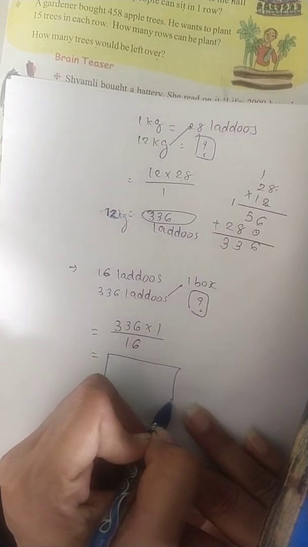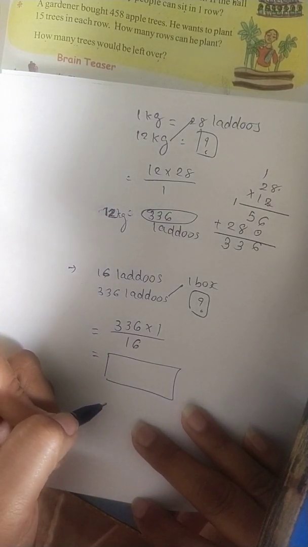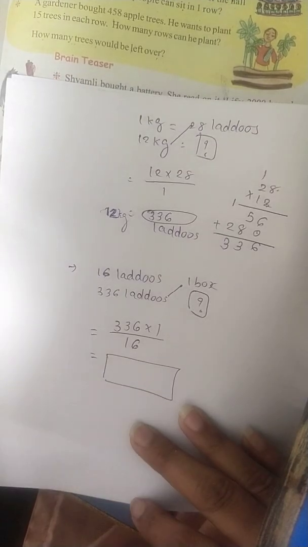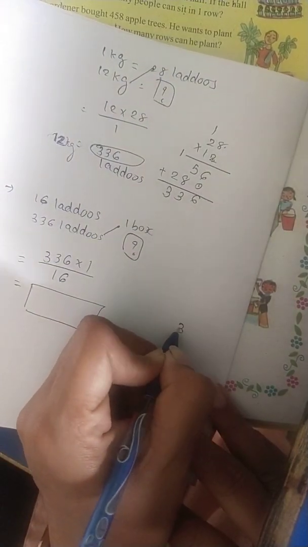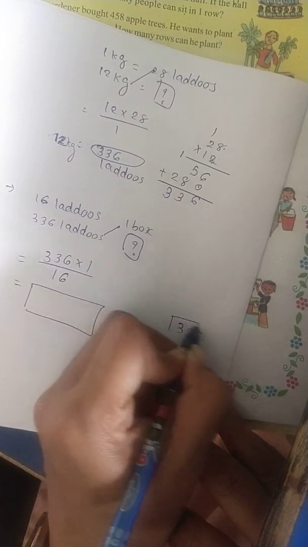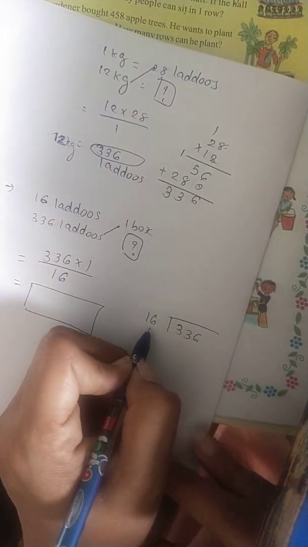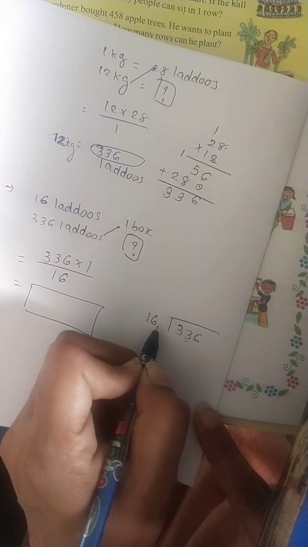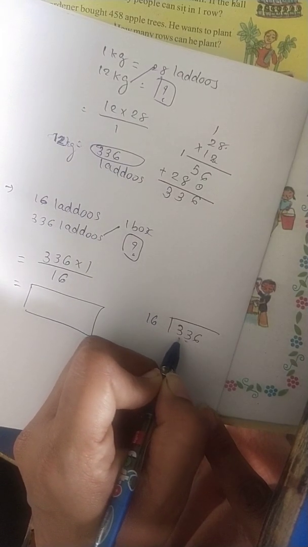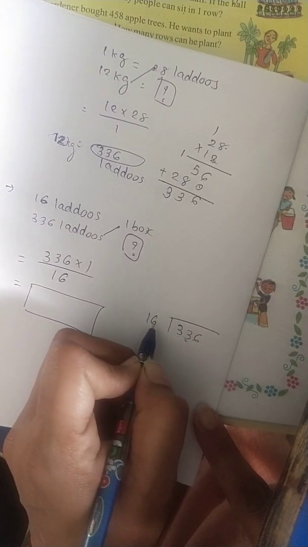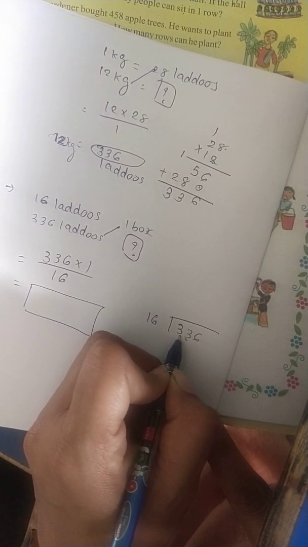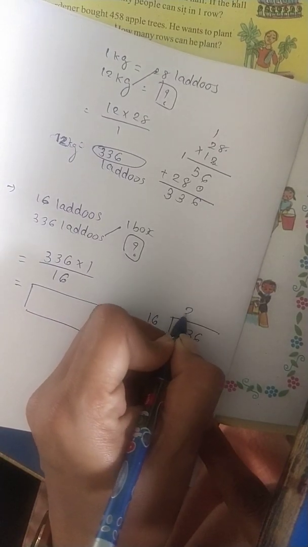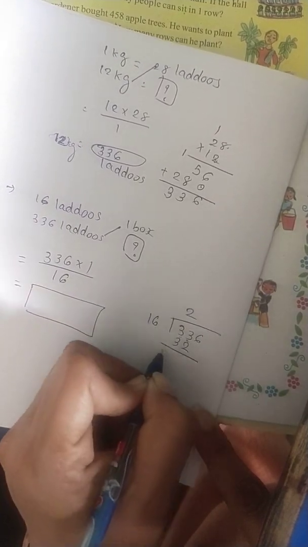Now this division you have to try by yourself. Understood? Or I will do it. Let it be, I will do 336 divided by 16. Here 2 digits. So first observe 2 digits. 33 is greater than 16, so we have to take 2 digits only. Say the table of 16 till or less than 33. 16 ones are 16, 16 twos are 32.